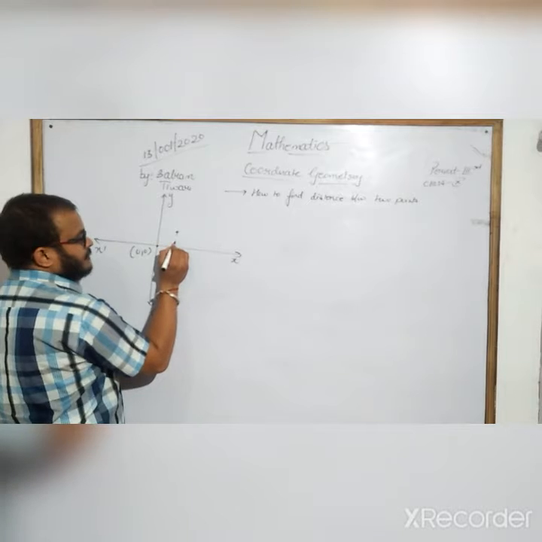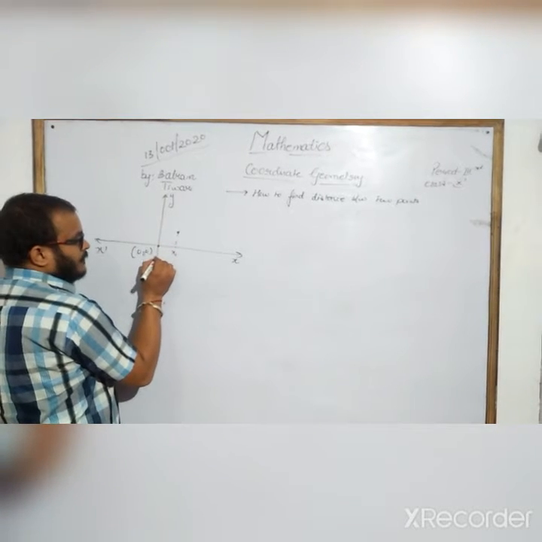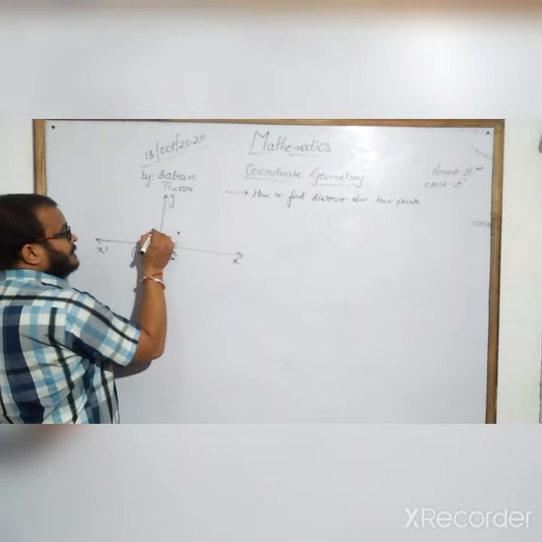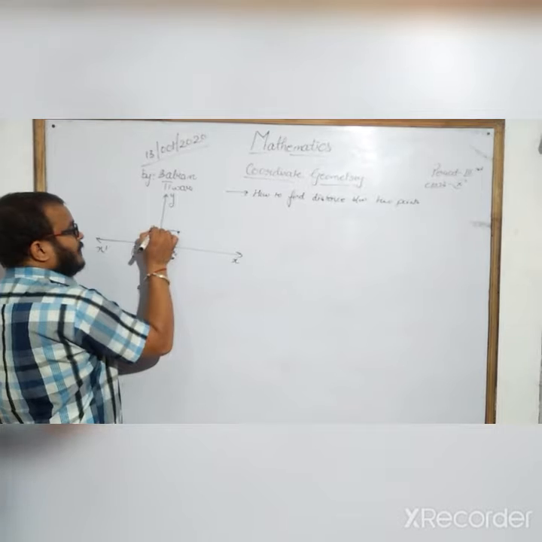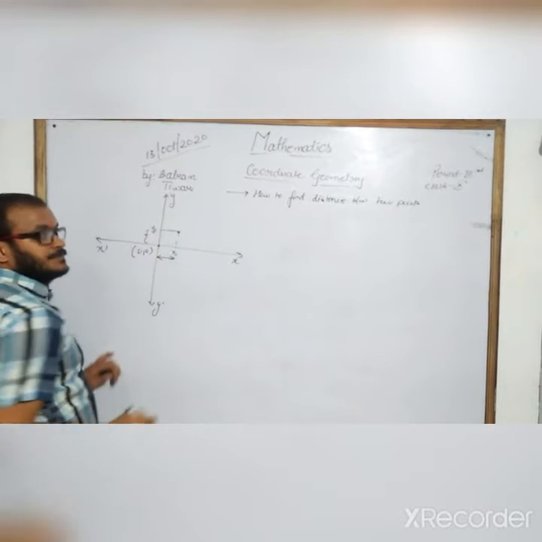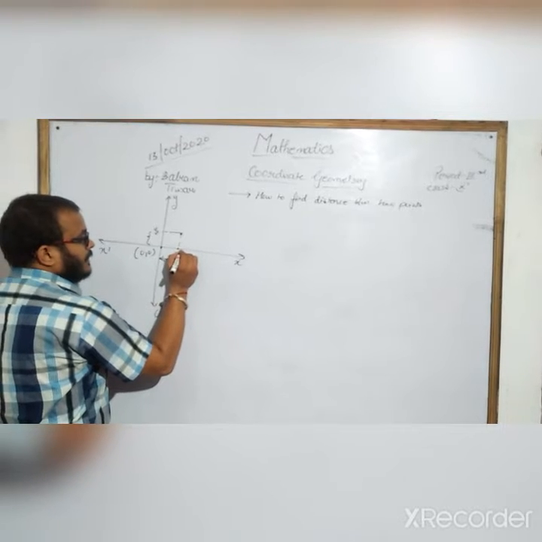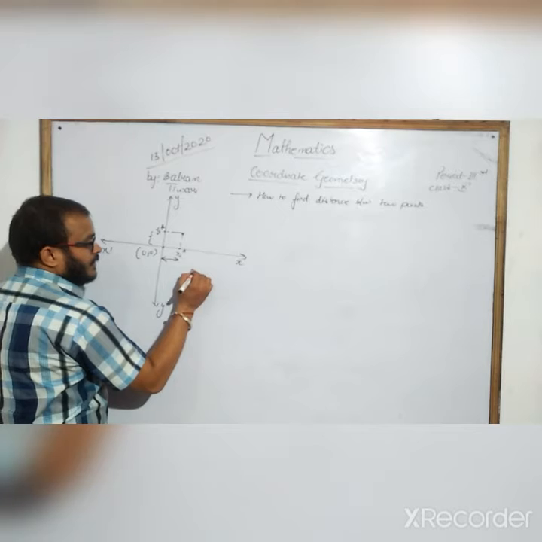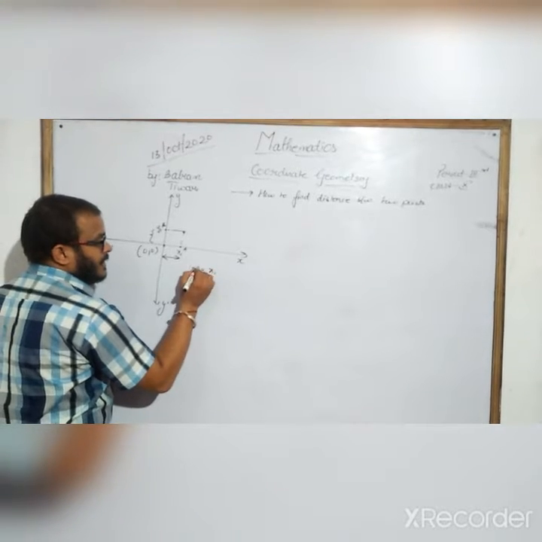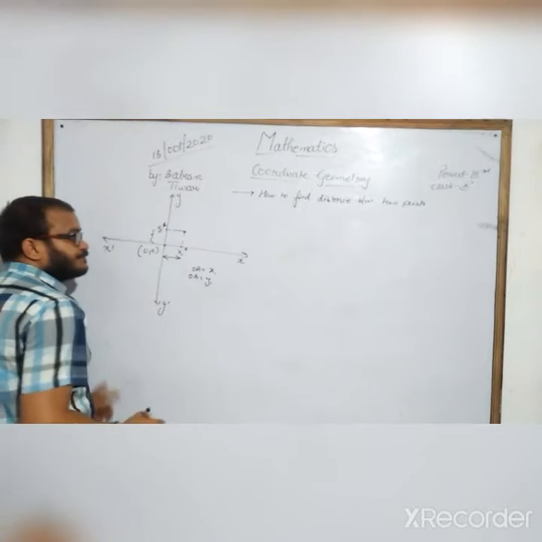This value shows x1 from the origin, and this value shows y1 from the origin. We name them A and B. So OA represents x1 and OB represents y1.